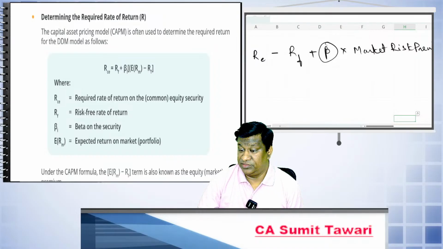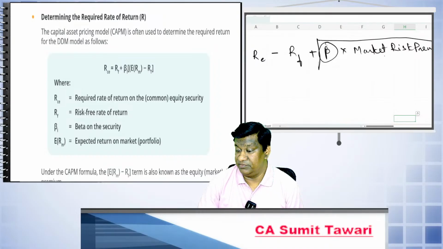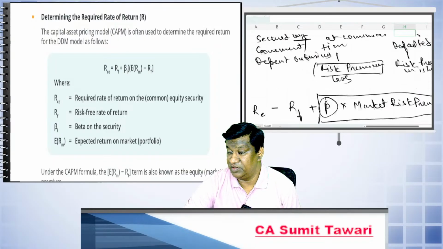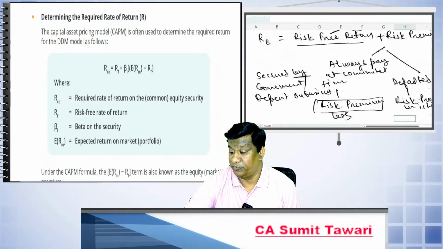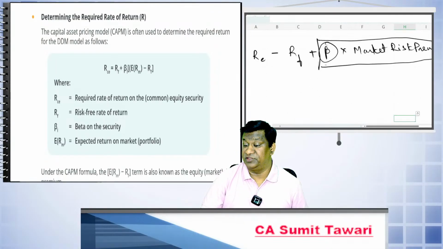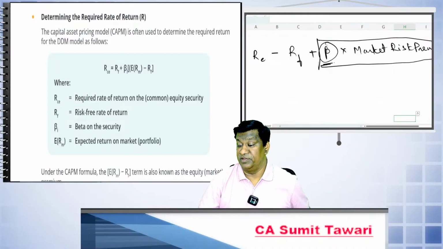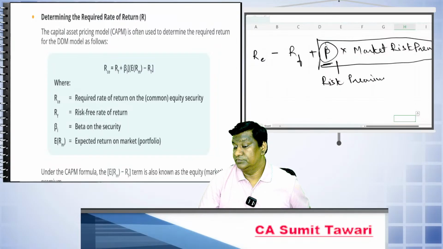Okay, and all this together will become this one, the risk premium, which I want to absorb. Okay, means for a particular investor. If I multiply beta with the market risk premium, then it is the risk premium for a particular investor.